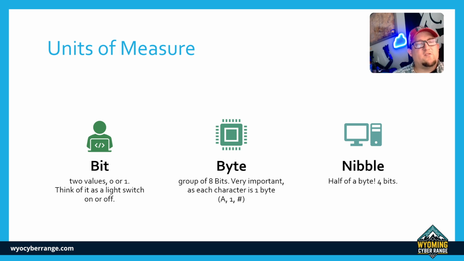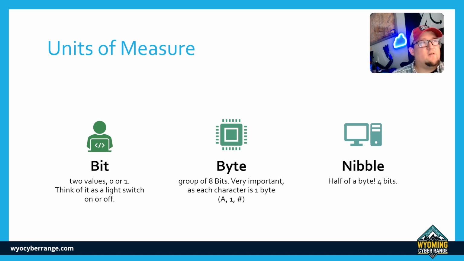We normally like to store them in what we call bytes, B-Y-T-E, and it's 8 bits. That's a very important number because 1 byte is easy for us to use to put an A or a B or a 1 or a symbol into the computer memory, using 8 bits, otherwise known as 1 byte.